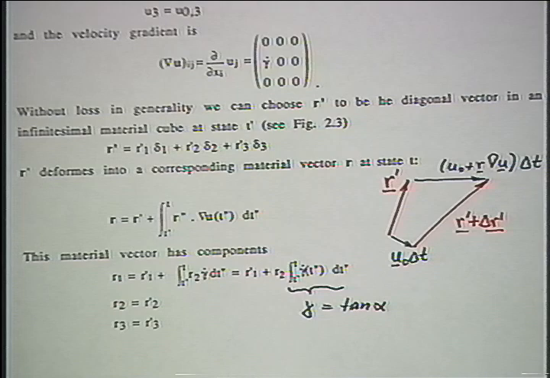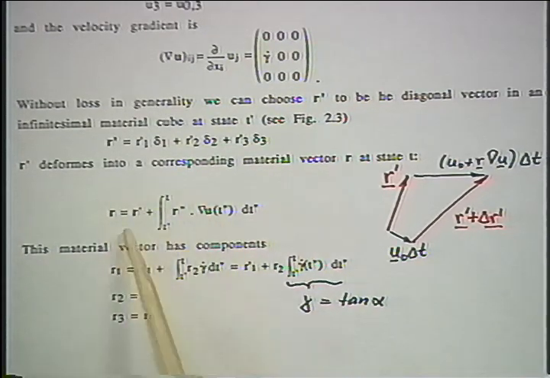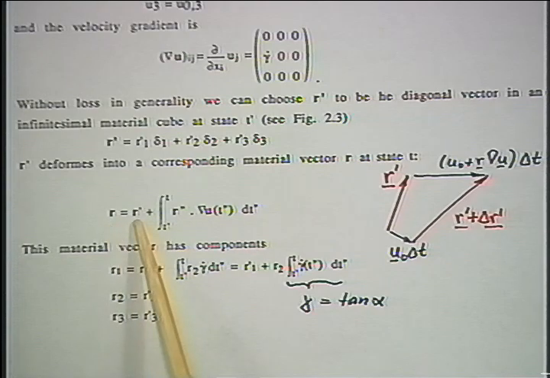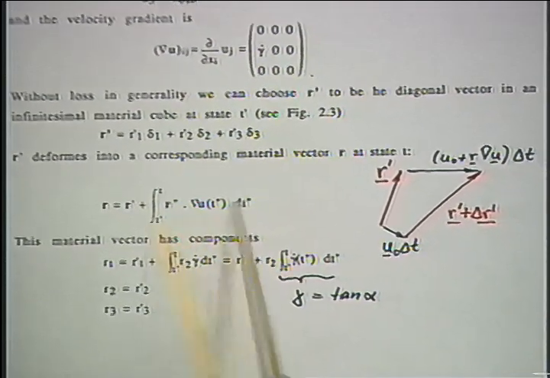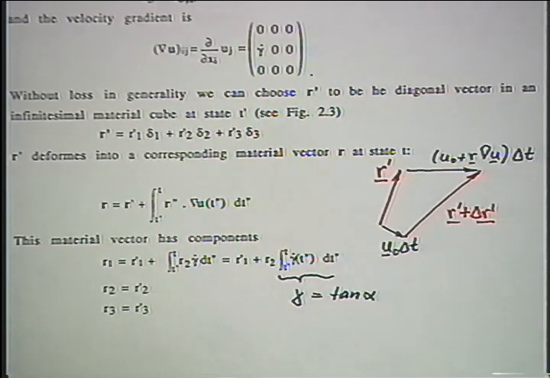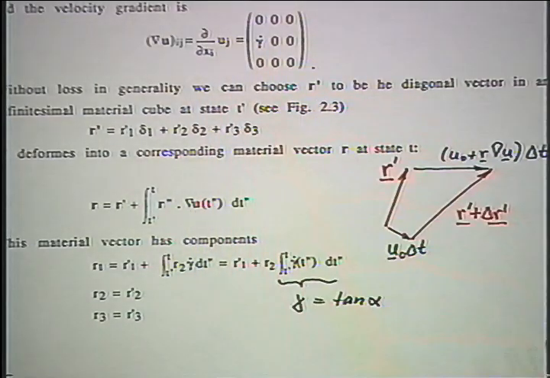And if we go over a long distance, we would integrate, and I showed this here: the new vector R is given by the old vector R prime, times an integral over the velocity field. For the velocity gradient, we can put in the components up here.